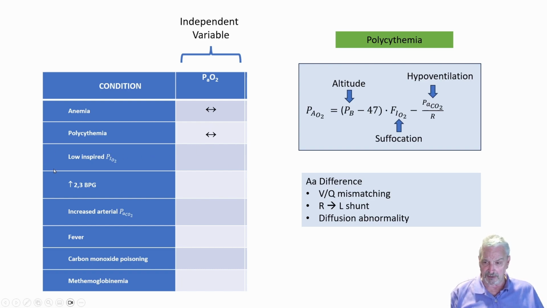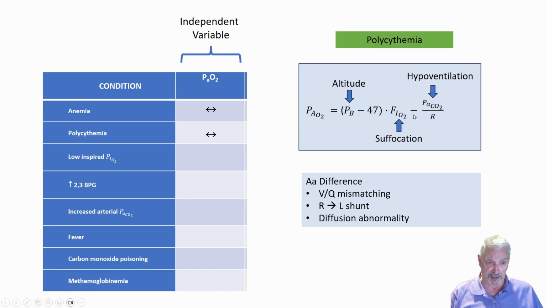The third one, low inspired PIO2, where you remember that that is PB minus 47 times FiO2, can go down in two ways. There's two ways to get a decrease in PiO2. One is to go to altitude, which will decrease the barometric pressure, or the other is to suffocate, which will decrease the FiO2.